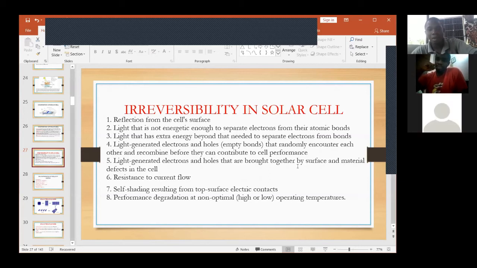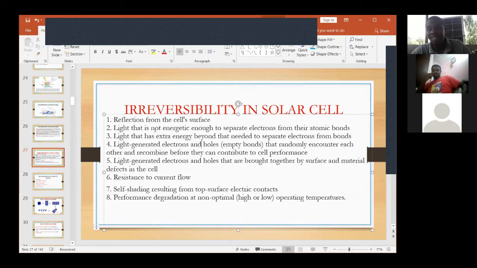So what we are saying is that there are a lot of issues inside it that give it irreversibilities. Irreversibilities are the reasons why it's not 100% efficient. And of course, you know that cycle efficiency and thermal efficiency for any system is never 100%. Now, one of the errors we are having is reflection from the surface of the cell.